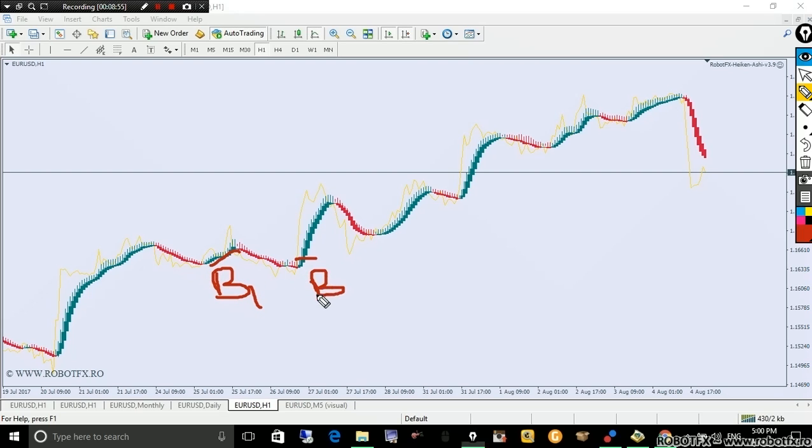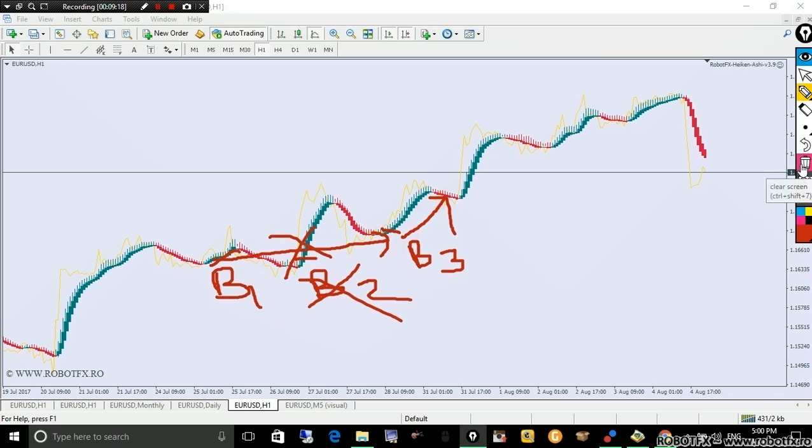So the expert advisor will ignore closing the trade when the B2 signal happens. Nothing will happen, and it will consider the other signal, B3. So this will be ignored, and at this point it will close this B1 and open B3.